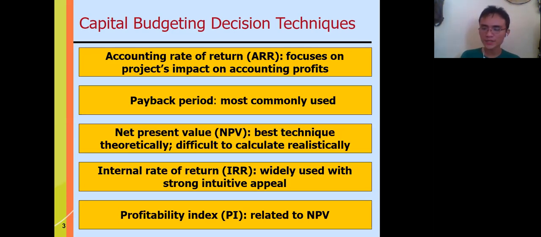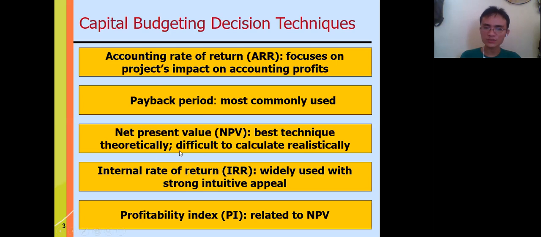Next is payback period, the period in which a particular investment can be recovered through cash flow. So payback period would focus on cash flows, and majority of the discussions, if not all, with the exception of ARR, would really focus on cash flows, since financial management is very particular with the usage of the cash of the company. ARR is more on the profits, that's accounting.